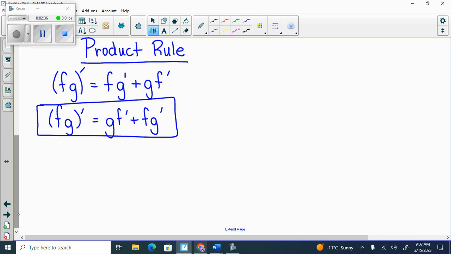Okay, let's look at an example. We're going to look at a really easy one. F of x equals 3x squared e to the x. Can you see how you maybe won't spot that as a product rule? Yes. But it's two separate things, right?